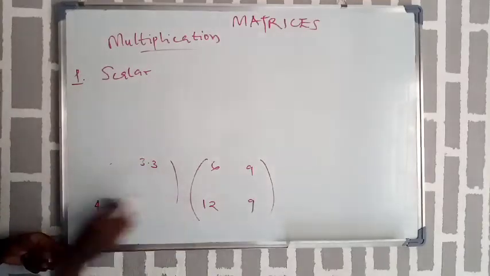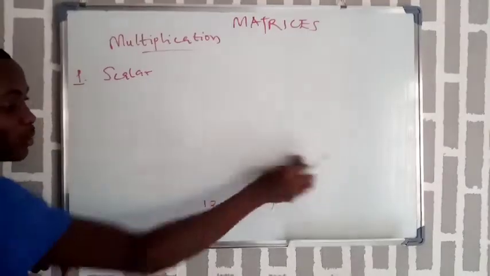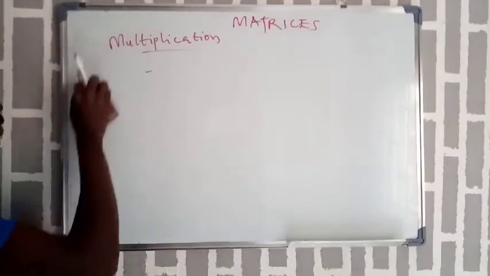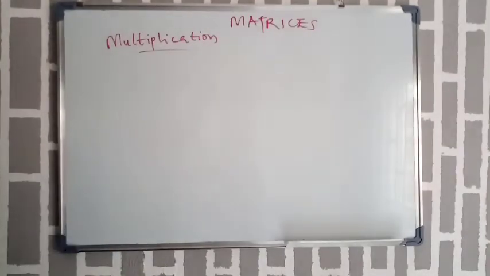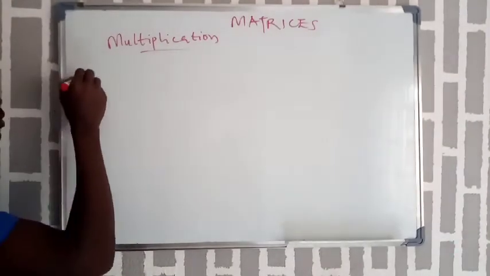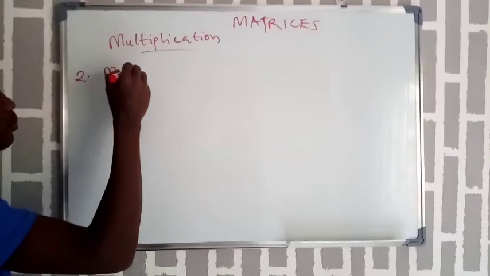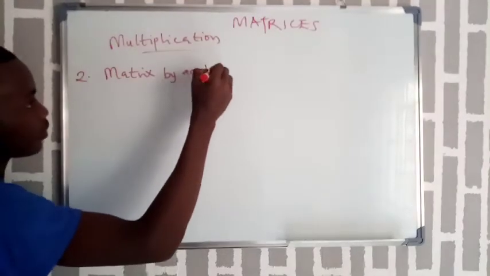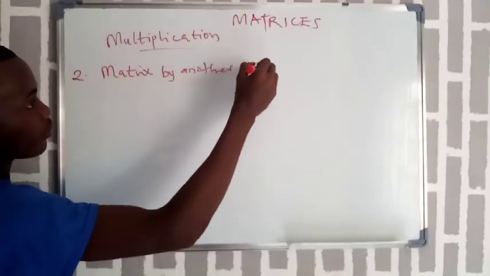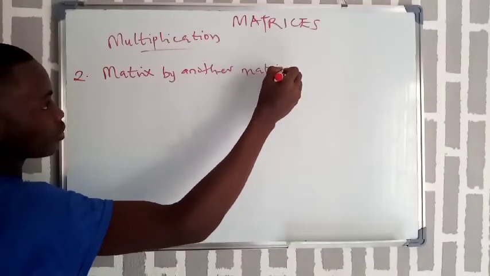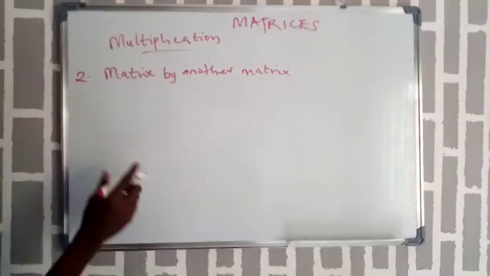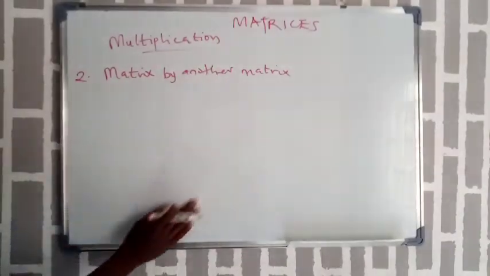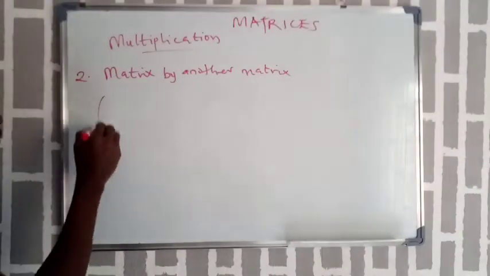of multiplying matrices is multiplication of a matrix by another matrix. That one is quite simple too. Just like the name implies, we are multiplying a matrix with another matrix, like this matrix now.